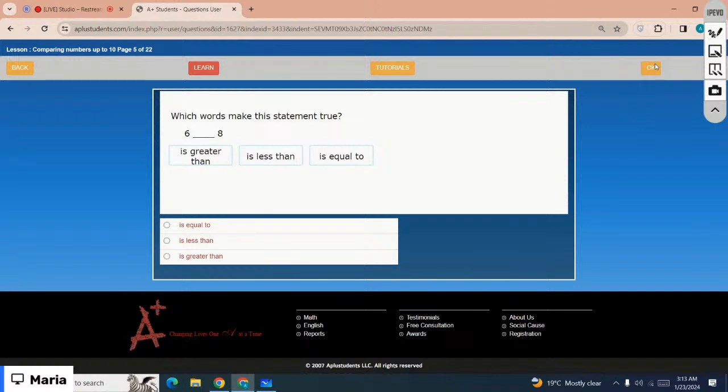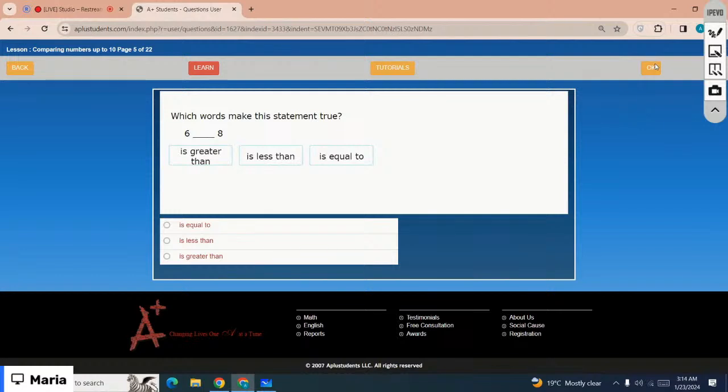Which words make the statement true? 6 is greater than 8 or less than 8? 6 is less than 8.